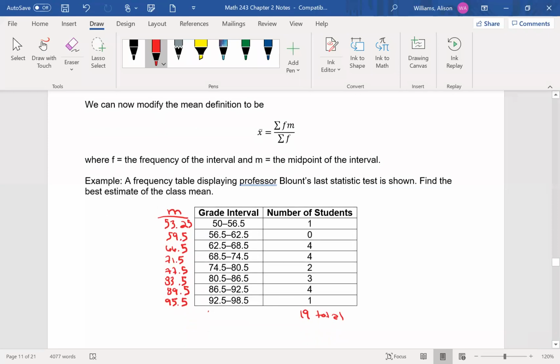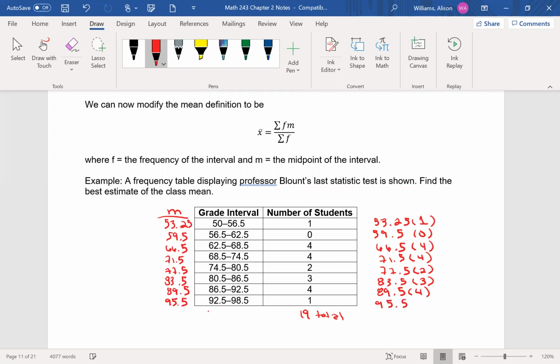So I'm going to multiply 53.25 times 1, 59.5 times 0, which is just going to come out to 0, 66.5 times 4, 71.5 times 4, 77.5 times 2, 83.5 times 3, 89.5 times 4, and 95.5 times 1.